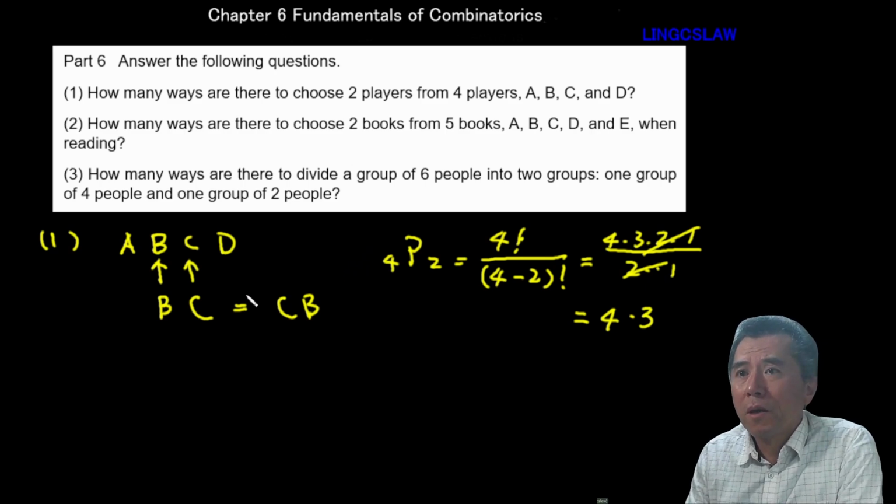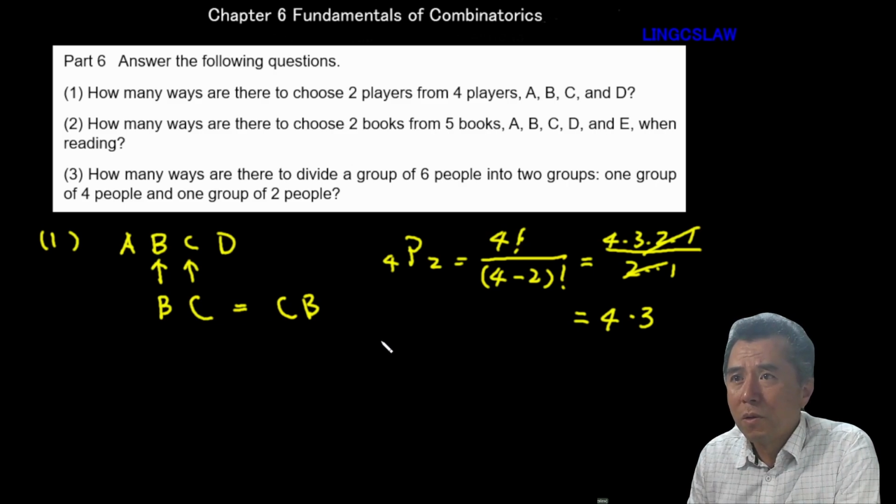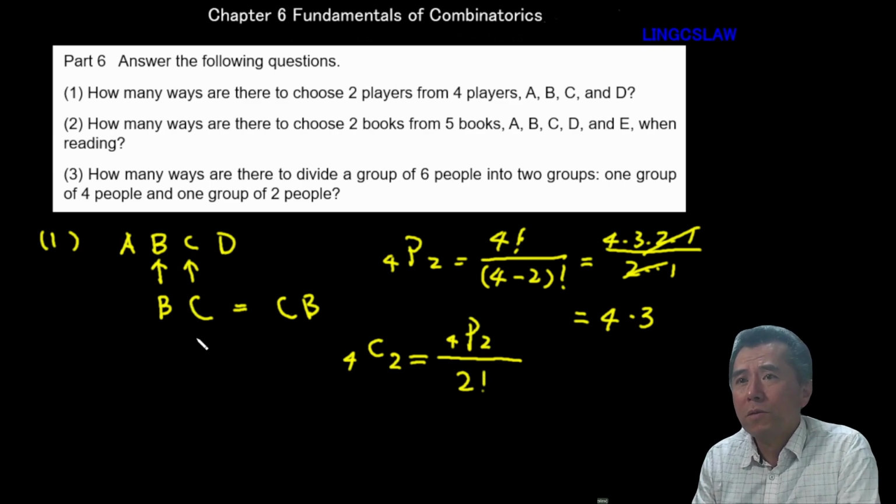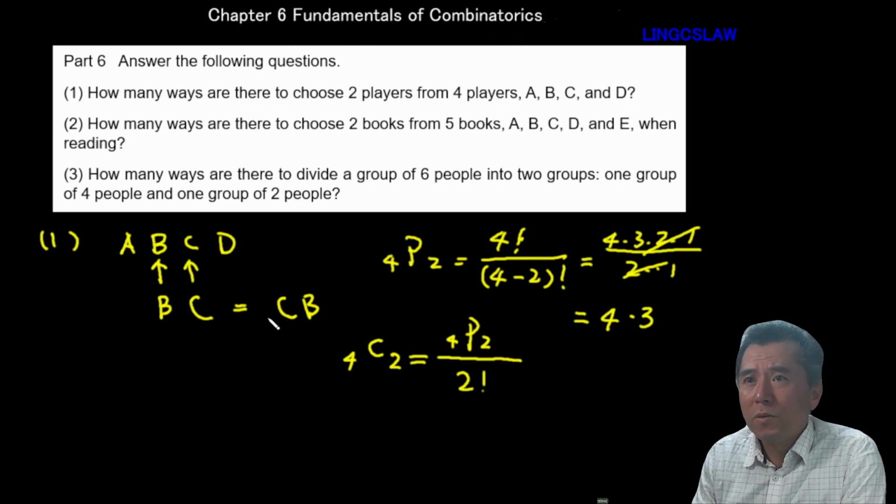But because you don't care about the order of these 2, for combination, you will calculate 4 combination 2 as 4 permutation 2 divided by 2 factorial, because we don't care about these 2.